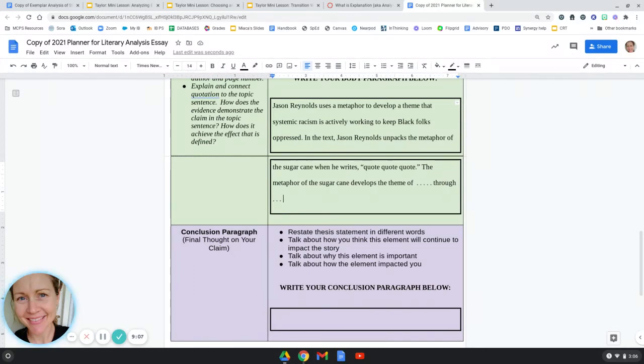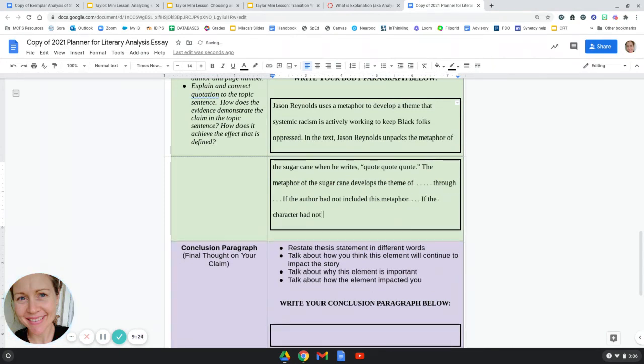And then you can also consider writing sentences like, if the author had not included this metaphor, or if the character had not said that thing, whatever it was, then you can explain that direction as well.